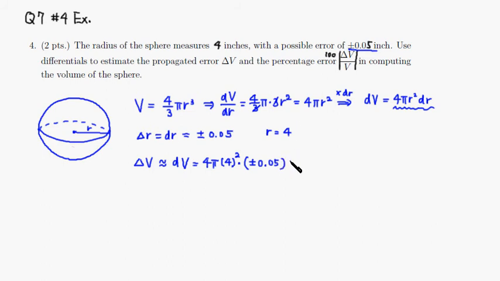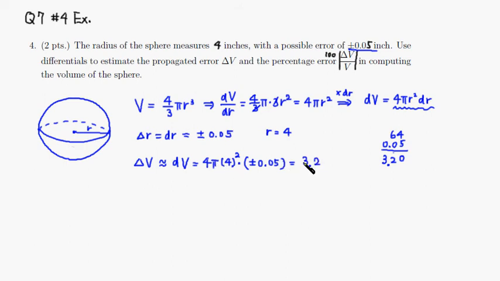That's going to be 4 times 4 times 4, which is 64, and 64 times 0.05: 4 times 5 is 20, 6 times 5 is 30, so 320, and with two decimal places, that gives 3.2.